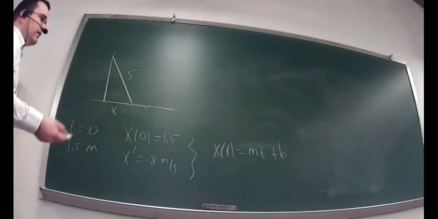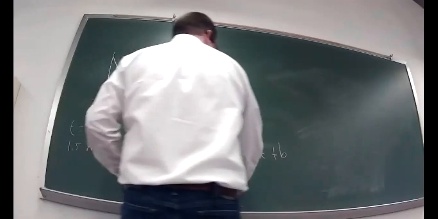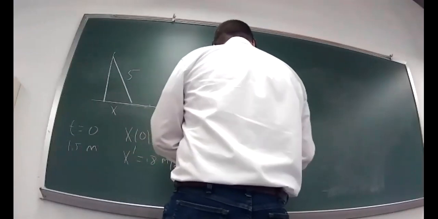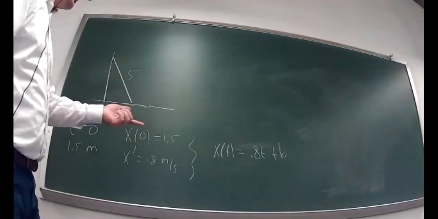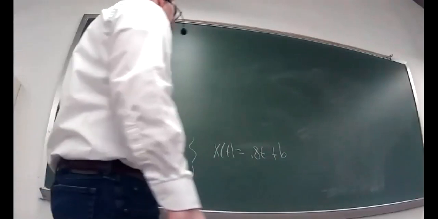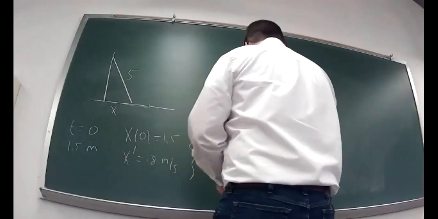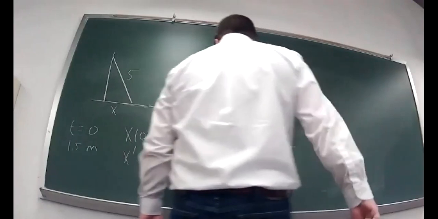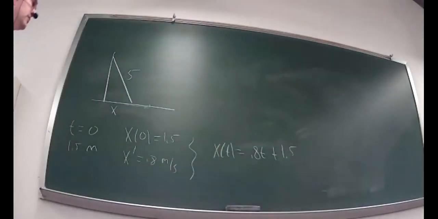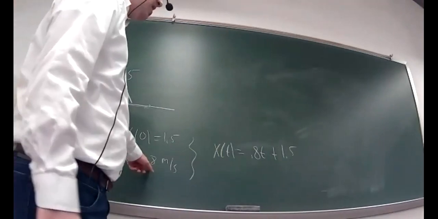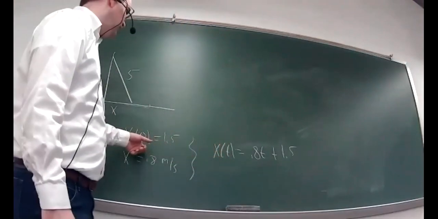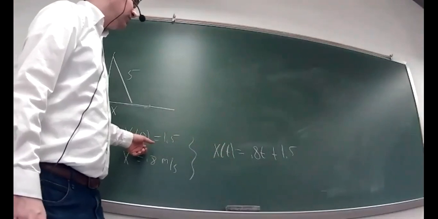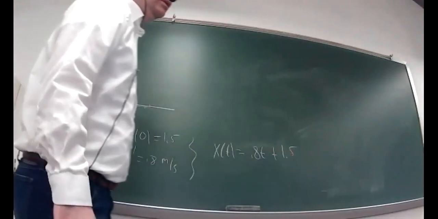And the derivative is, of course, m, which is 0.8 in this case. And the constant b, that's what happens when you plug in t. That's given to you as like 1.5. So although this isn't needed to do this problem, I'm just pointing out to you that when you've got the derivative equal to a constant, you've got a linear function, and as soon as you know one value that you can plug in, that'll tell you b.